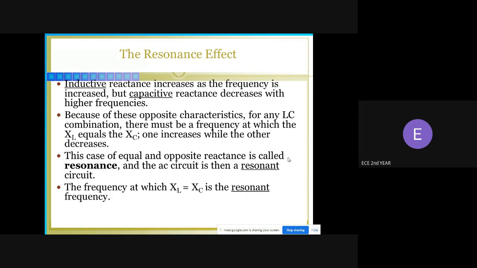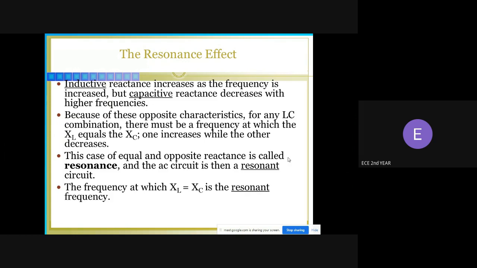If we vary the frequency, the reactances will vary, but at one particular frequency the XL value equals the XC value. That is the resonant frequency.